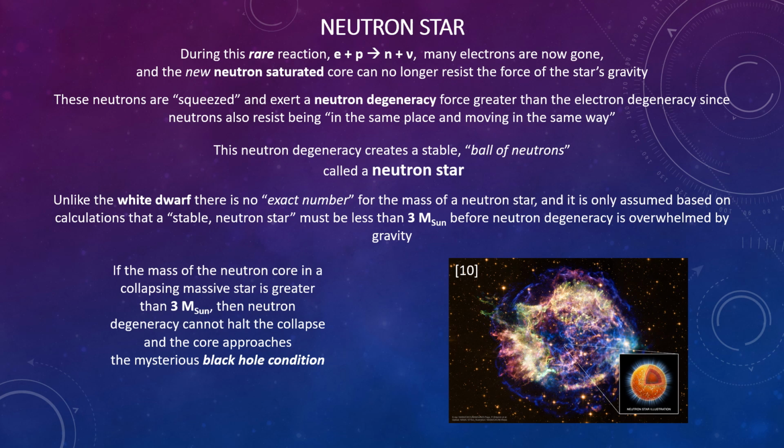This supports the force of gravity and stops the collapsing star from collapsing further. The neutrons are squeezed together and give us a neutron degeneracy force that is much greater than the electron degeneracy, since neutrons also don't want to be in the same place and moving in the same way. This huge ball of neutrons is called a neutron star. But unlike white dwarfs, the exact number for the maximum mass of a neutron star is not currently known.